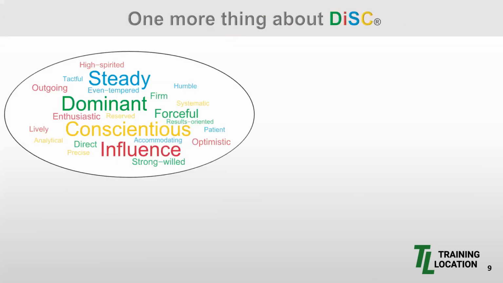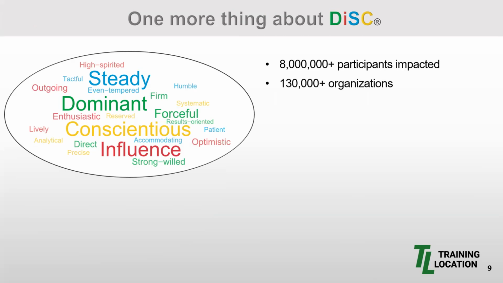I hope this overview has increased your awareness, your knowledge, and your familiarity of the DiSC, and specifically the DC style. Whether your needs include leadership, employee engagement, culture change, or simply communication 101, DiSC is the research-based, proven leading training solution. It's impacted more than 8 million learners in over 130,000 organizations and through 14 languages in over 70 countries worldwide.